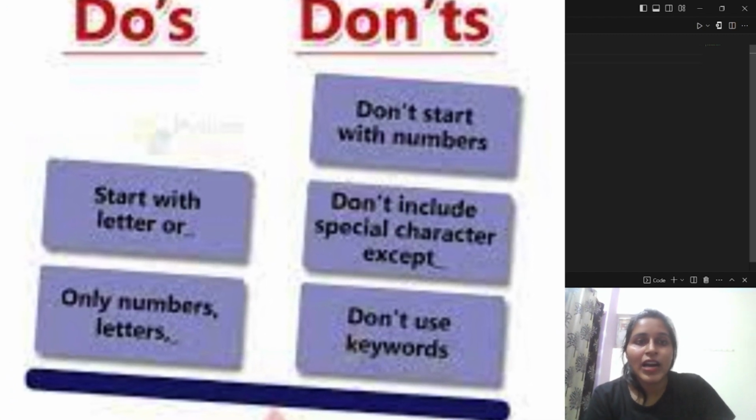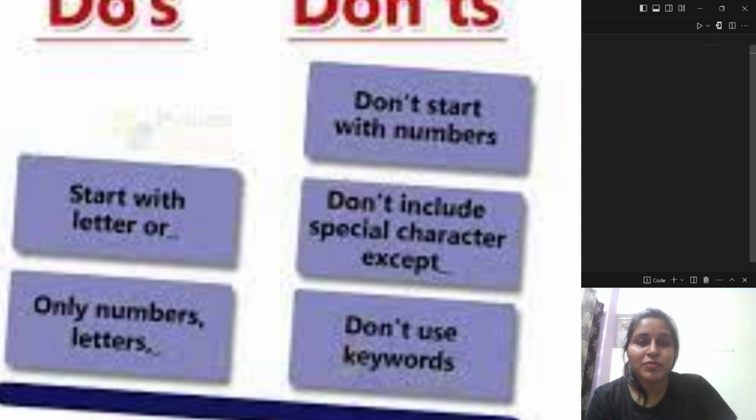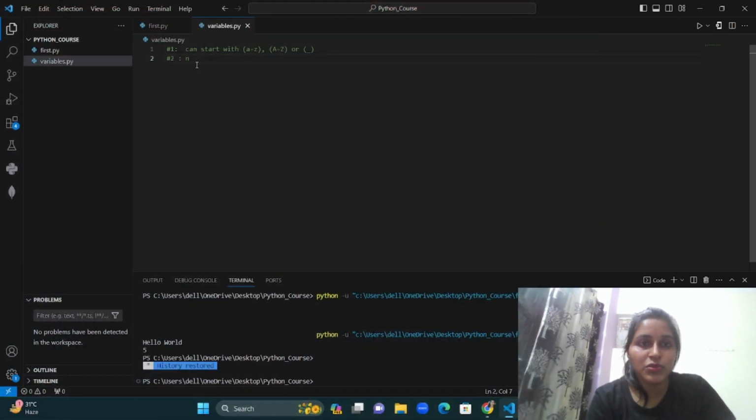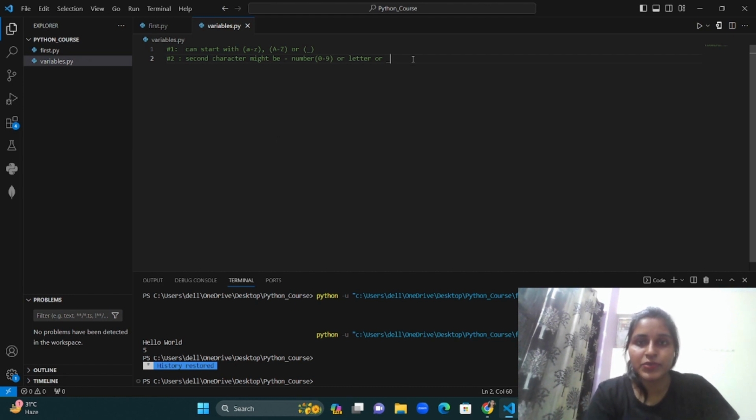After the first character, the second character might be a number, 0 to 9, or a letter, or an underscore. So the second character can be any of these, but the first character is only and only an alphabet or an underscore.